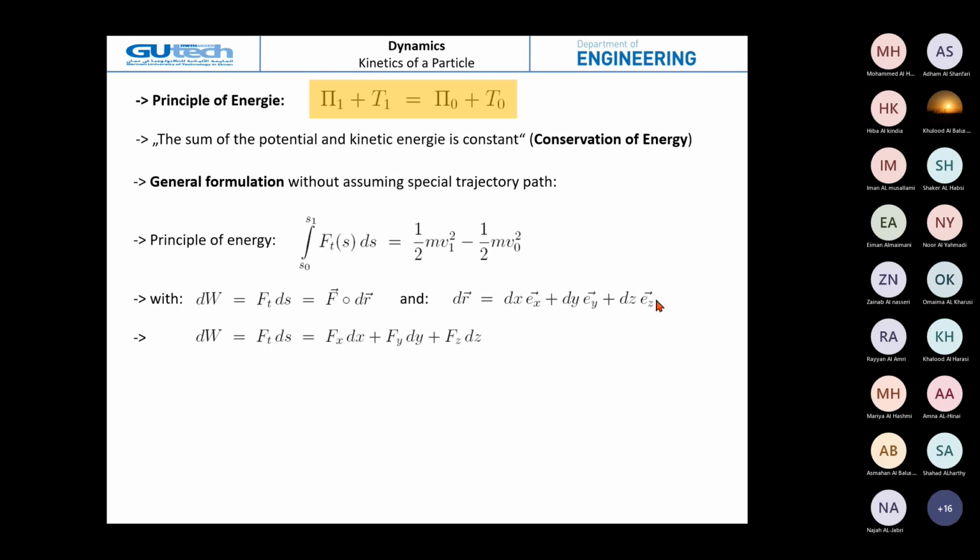We have seen it also in part 1. We make the projection along X, Y, and Z direction. We can do it by dW, the change of the work. It's the same principle. The force will be decomposed along X, Y, and Z direction.